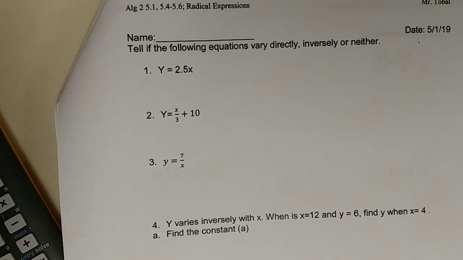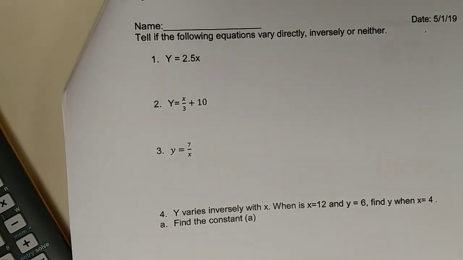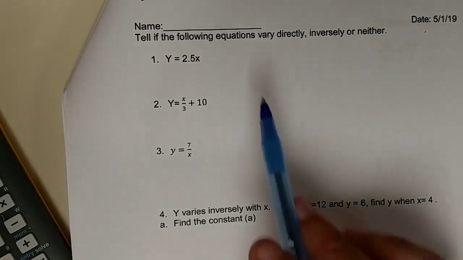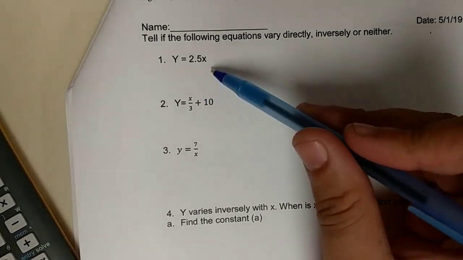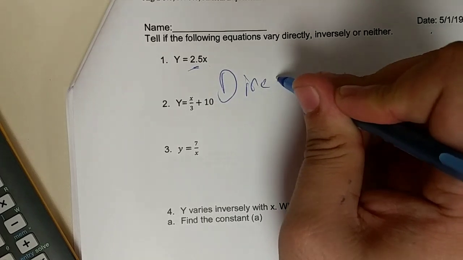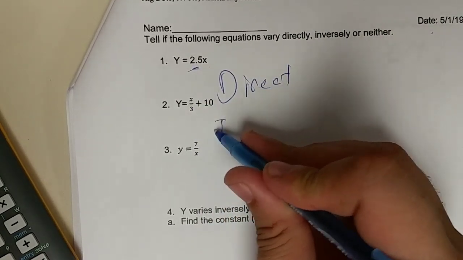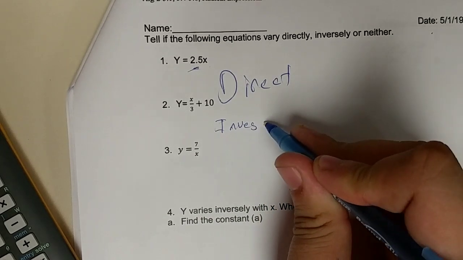Let's keep going. y equals 2.5x. Is that directly, inversely, or neither? Hey, that's being multiplied to x, so that's direct. Hey, that's x in the division, so that's inverse. Oh, wait.